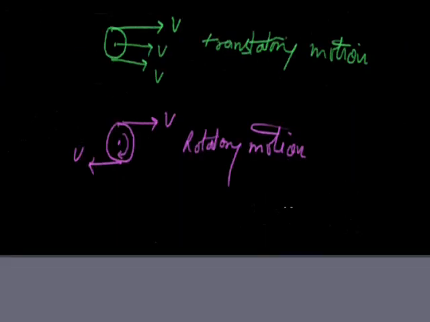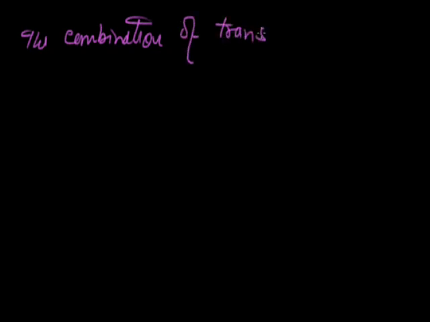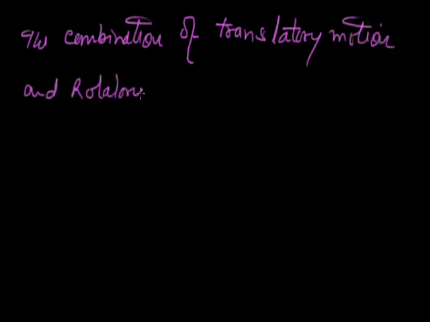If we combine these two motions, the combination of translatory motion and rotatory motion is known as rolling motion.